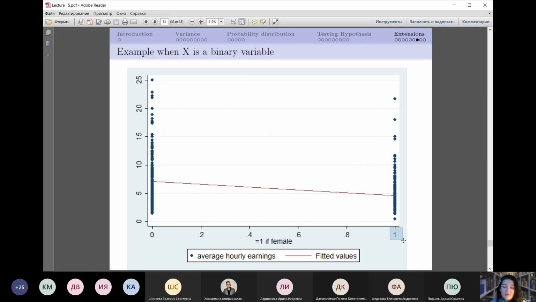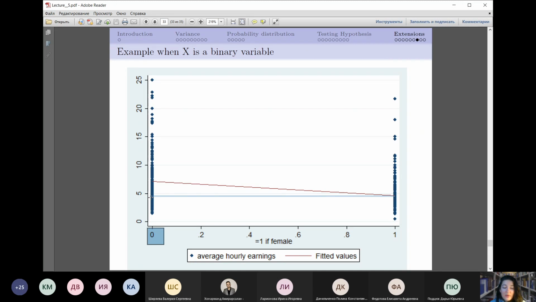Here is female and here is male. Of course, we can run the linear regression here, and maybe it looks not very beautiful, but you can see that based on these results, the predicted wage for females is about 5.